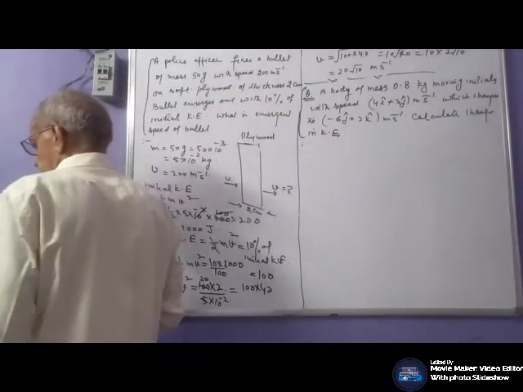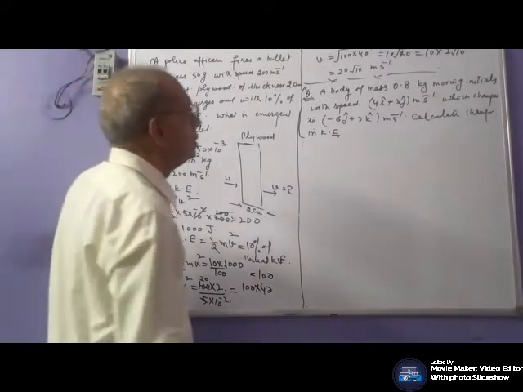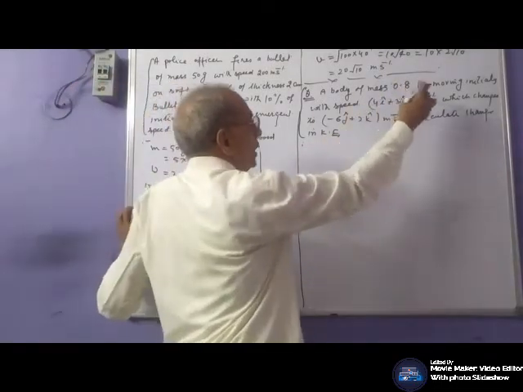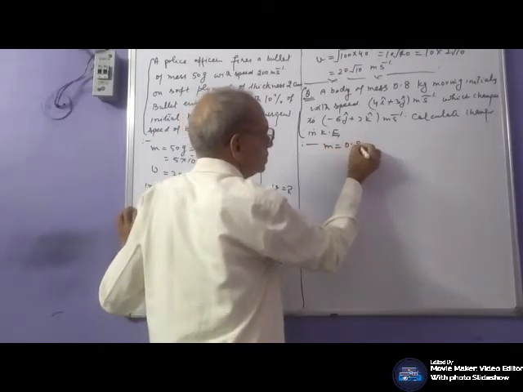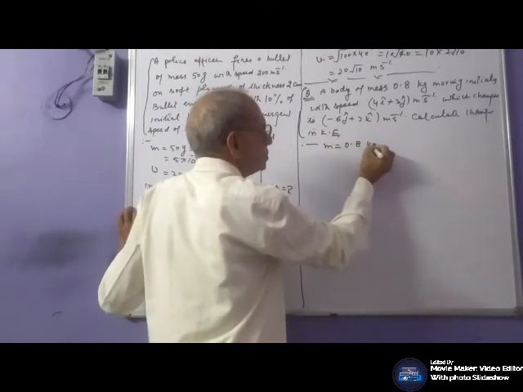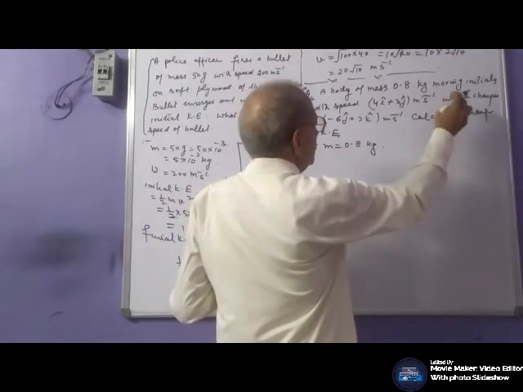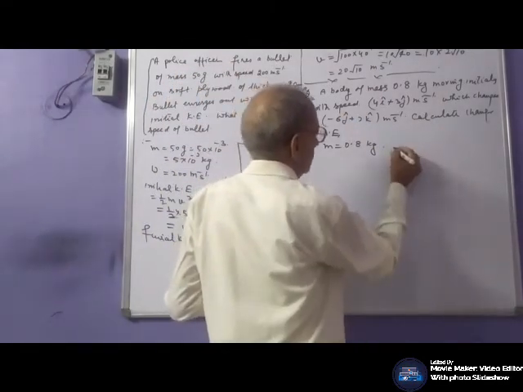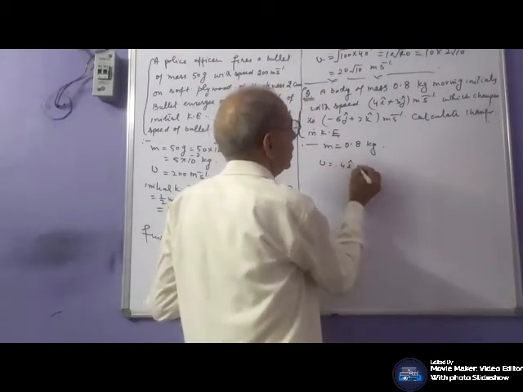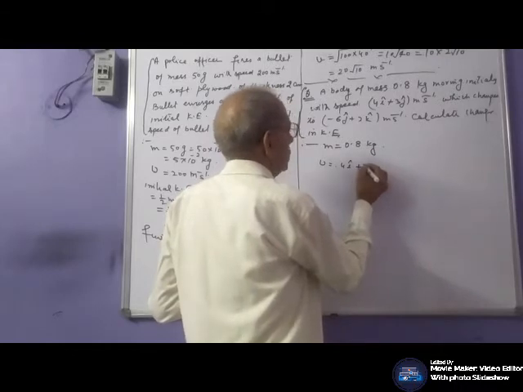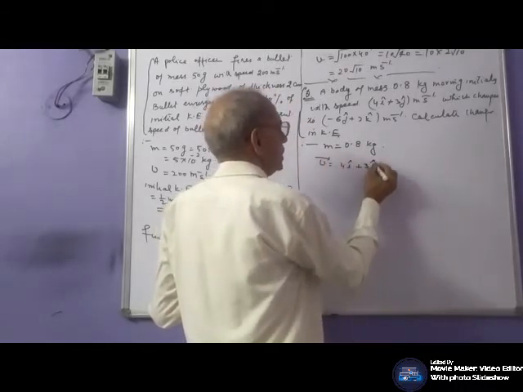Kinetic energy. A body of mass 0.8 kg. Solution. With initial speed u, 4i plus 3j. This is the u vector.